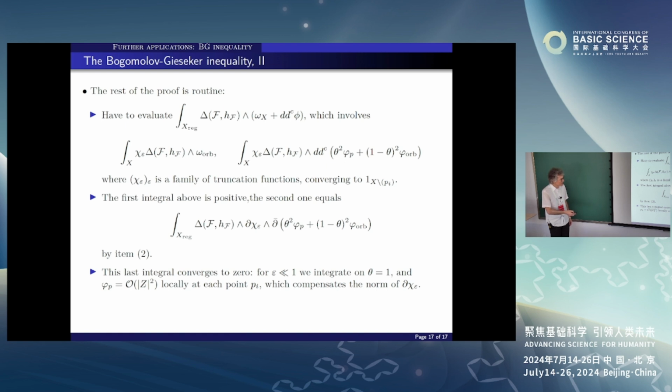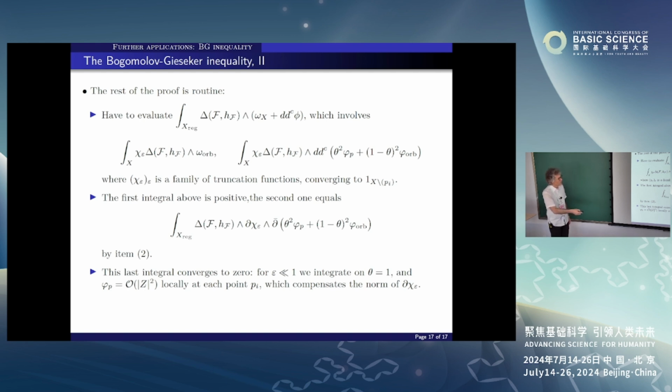So now the choice of the metric is exactly because, as epsilon is small, the support of this is really concentrated near the points. So this one is out because theta is 1 there. You only have to deal with the d bar of the phi p, which looks like that.